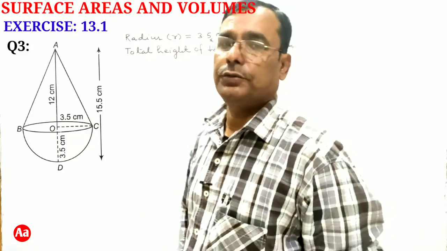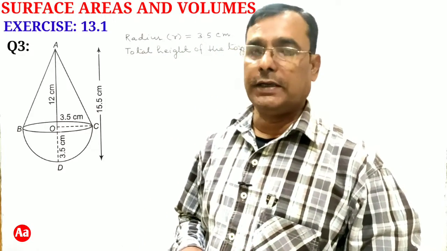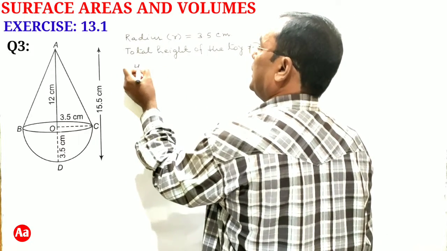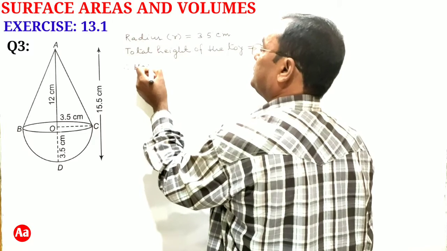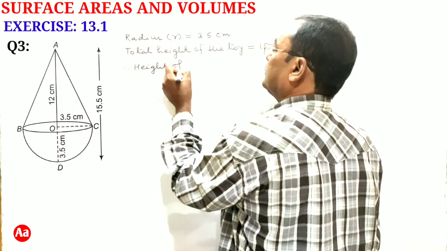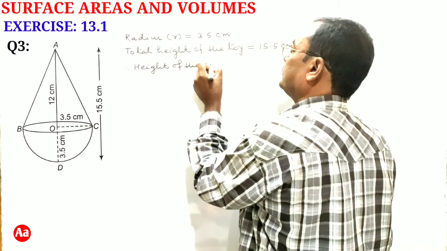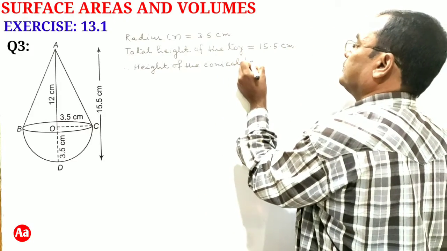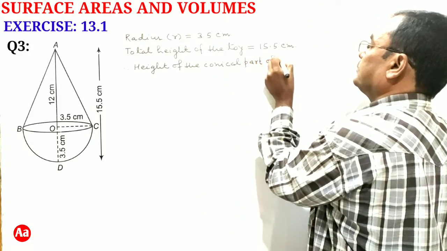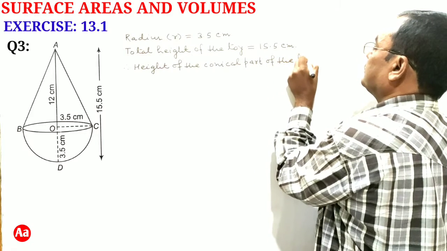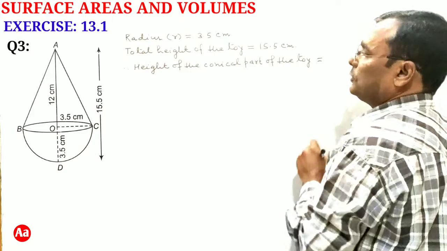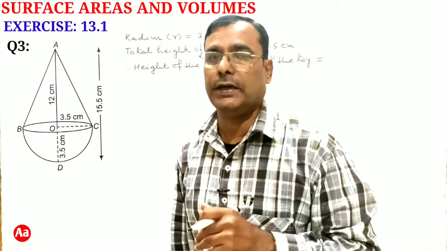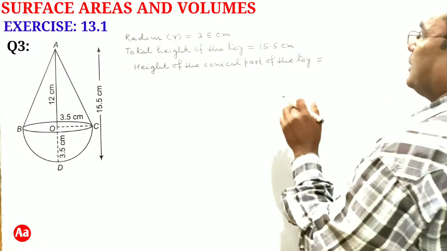So what is going to be the height of conical part of the toy? Let's calculate height of conical part of the toy. That will be equal to total height minus radius of the hemispherical part of the toy, and that is 3.5 centimeters.